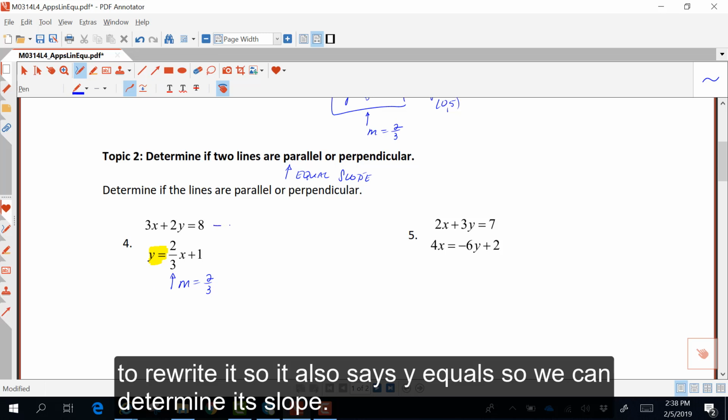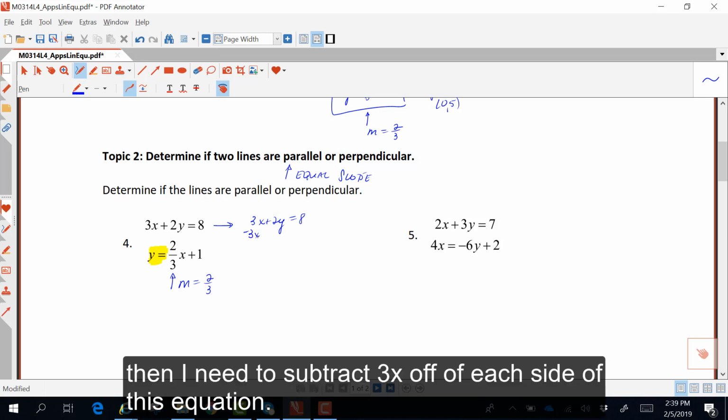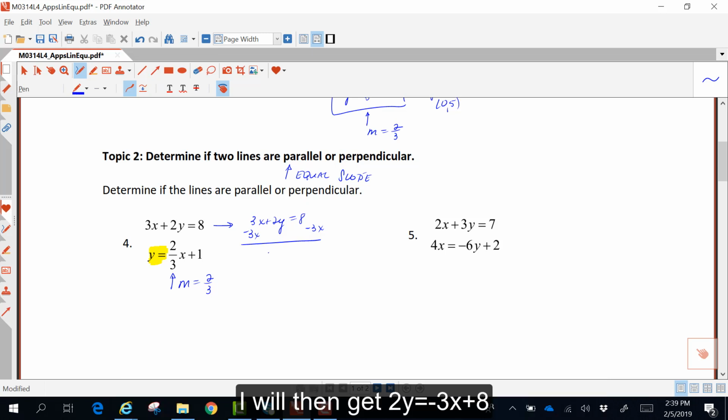The top equation, we need to rewrite it so it also says y equals, so we can determine its slope. So I'm going to write it here to the side. Then I need to subtract 3x off of each side of this equation. I will then get 2y equals negative 3x plus 8.